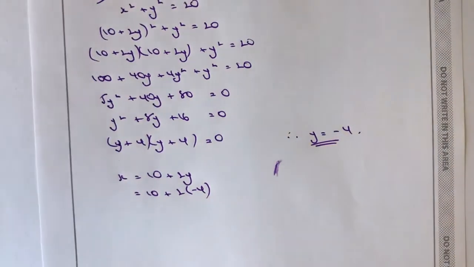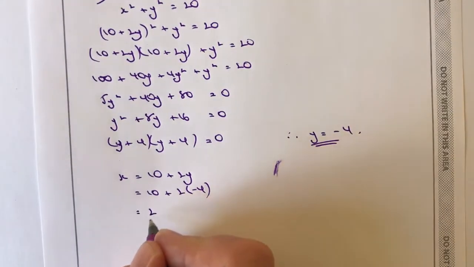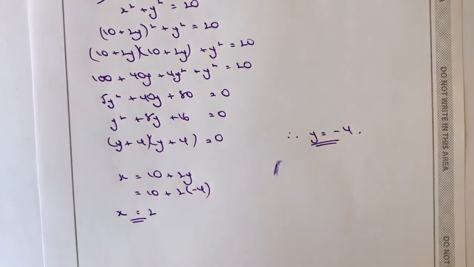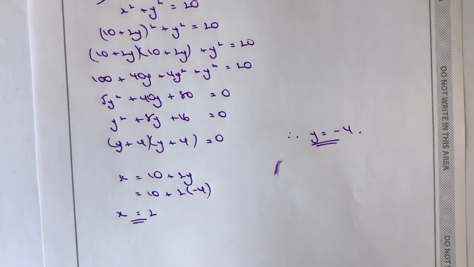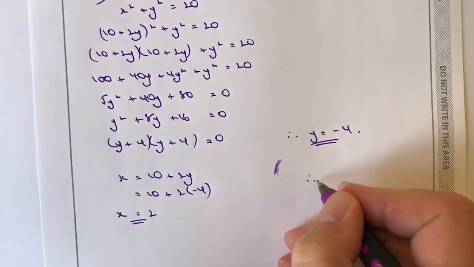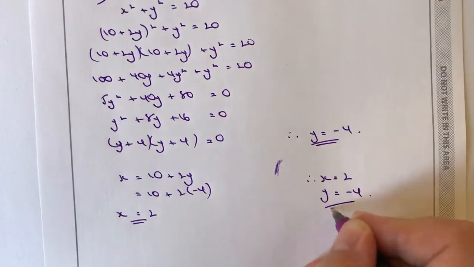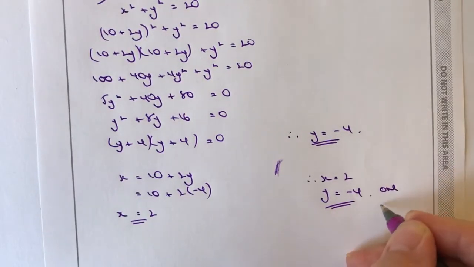Well, 2 times minus 4 is minus 8. So I've got 10 minus 8, therefore x equals 2. And that will give me the solution to this question, because x equals 2, y equals minus 4, and there is one solution.